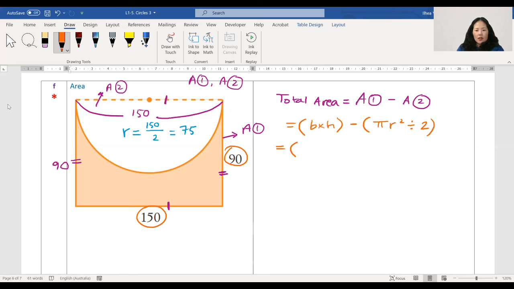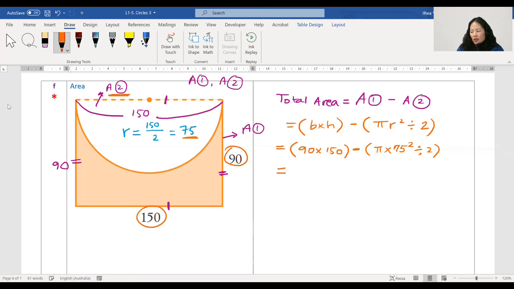So first, area 1, there are 2 numbers there, base times height. We only need 2 numbers, so it doesn't really matter which one comes first. I'm just going to do 90 times 150, take away pi times, now I'm looking at the second area, and I know the radius is 75, so 75 squared divided by 2 because it's a semicircle.